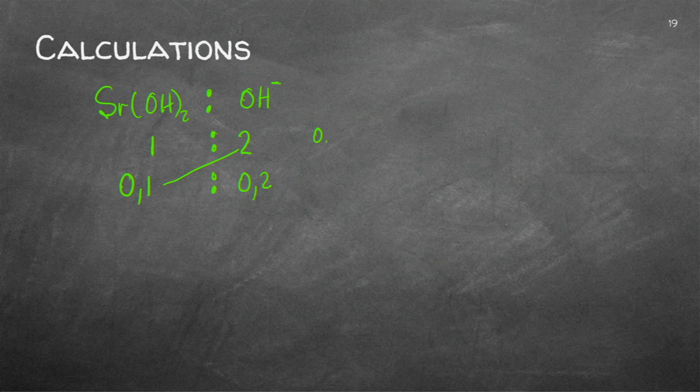It's 0.1 times 2 divided by the 1, which gives me a value of 0.2. If I know now that I've got a concentration of 0.2 mole per cubic decimeter, I now need to go to a new equation, which is on my information sheet.